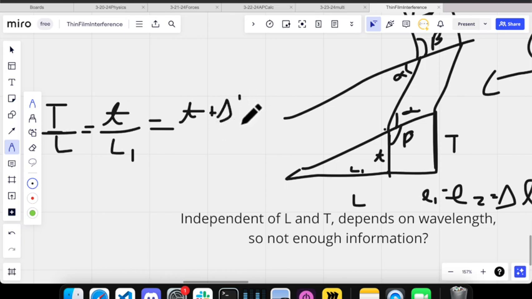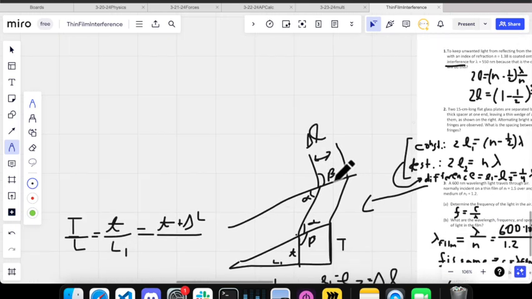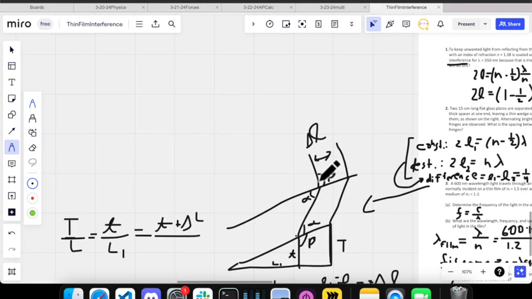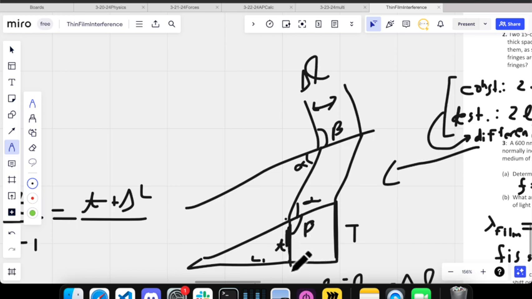And we can ask, okay, how does that affect this length, right? Because that's what they're asking for. Because the difference between this path length scenario versus another path length scenario horizontally is kind of the distance between the fringes that they're asking for.